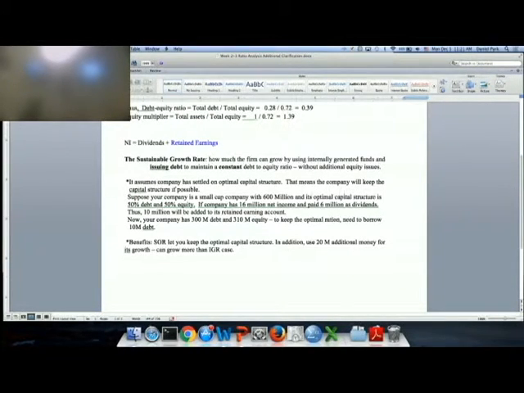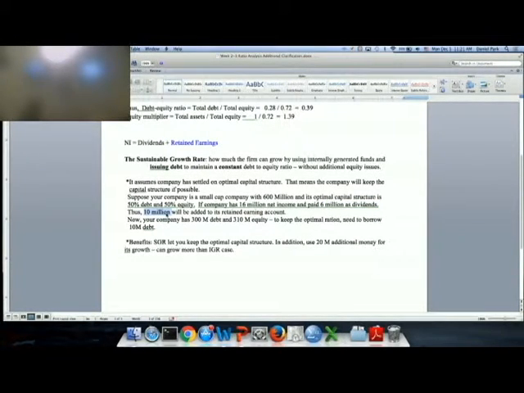And suppose the company has a 16 million net income. Again, the net income goes to dividends and the leftover money is retained earnings. So from 16 million, suppose your company paid 6 million in dividends. Then 10 million will be added to the retained earnings account.